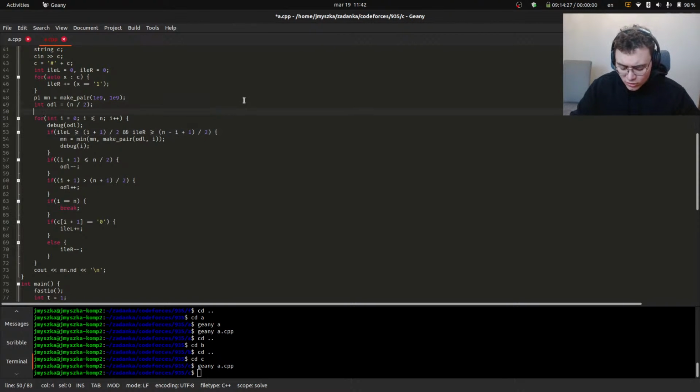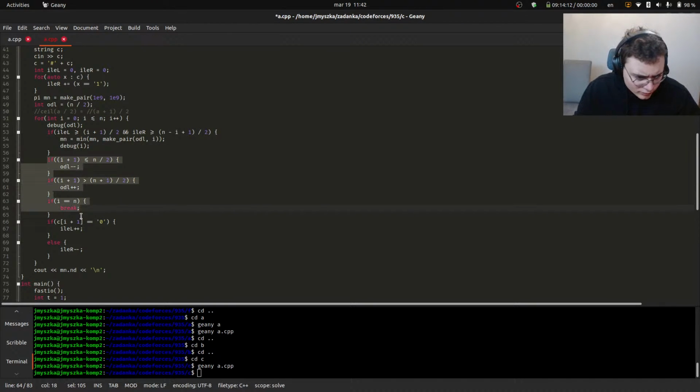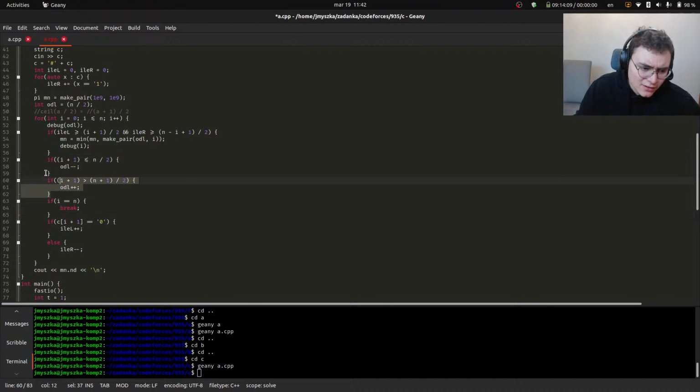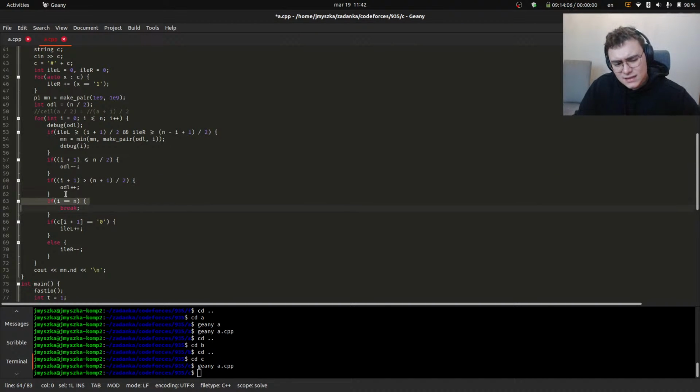As I said before, ceil of A divided by 2 is equal to (A plus 1) divided by 2, right? In C++. And then what I'm doing here, I'm recalculating the distance from the middle.